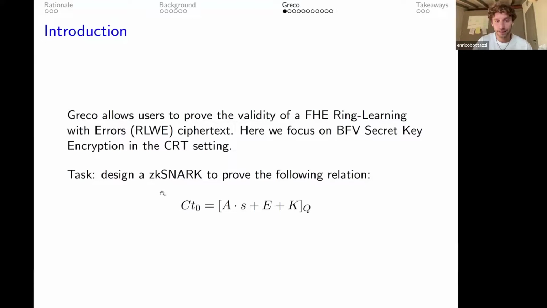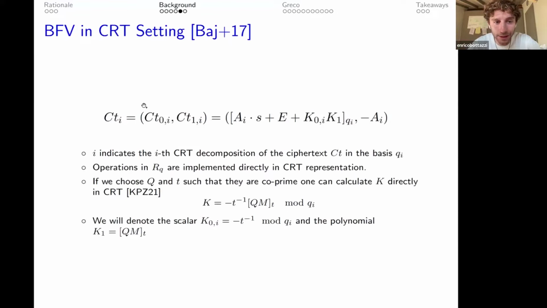So our task is to design a SNARK that is proving this relation. And if you were following before, you see that the ciphertext actually has two components, CT0 and CT1, but CT1 is actually the negative of this A1, which is a public input of the ciphertext 0.